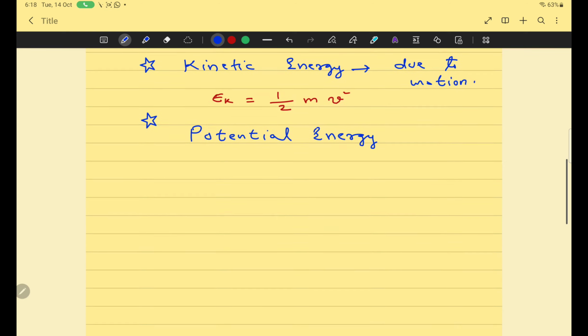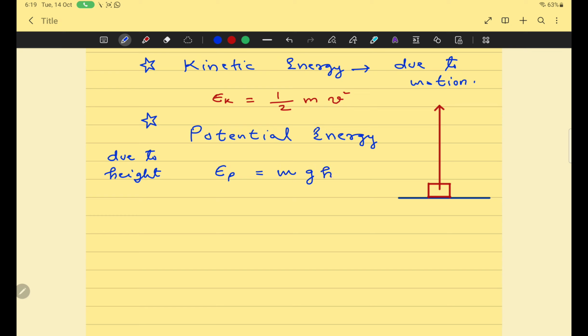But right now we are starting with gravitational potential energy, in which we lift an object from ground. When you lift an object in upward direction, then the object stores gravitational potential energy, and we can say the energy of a body due to its height, or the energy of a body due to its position, is called gravitational potential energy.